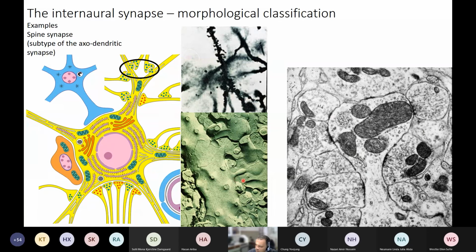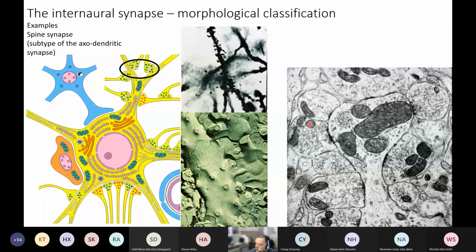And if we use the transmission electron microscope, this is the cross section of a dendritic spine. One can see that it has this kind of mushroom shape, and then it has a stalk and a wider head. And if you check it all over around, almost the entire surface of the dendritic spine is covered by axon terminals.